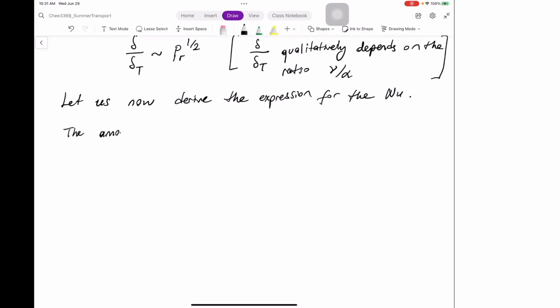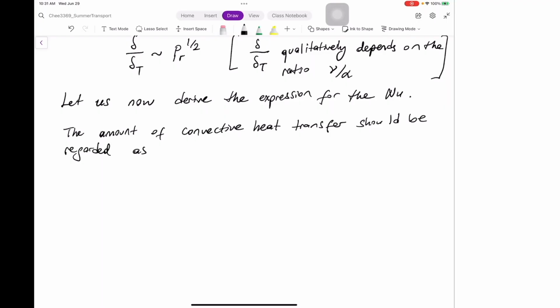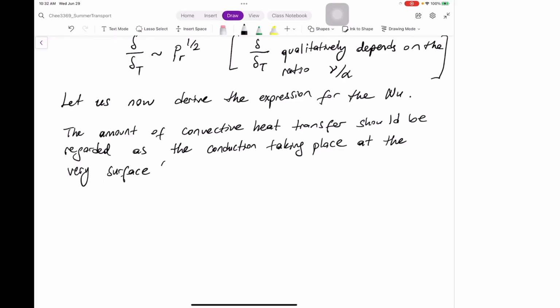The amount of convective heat transfer should be regarded as the conduction taking place at the very surface, or interface, separating the solid and the fluid.